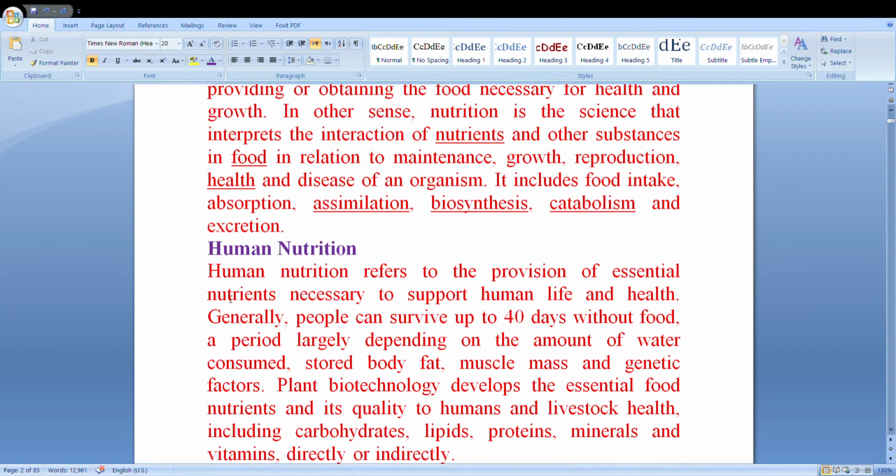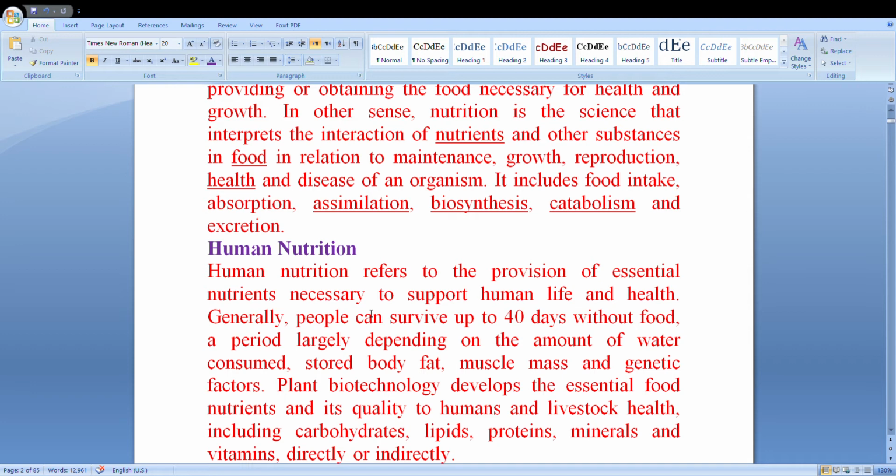Next we can see human nutrition. Human nutrition refers to the provision of essential nutrients necessary to support human life and health. Generally, people can survive up to 40 days without food. The period would last largely depending on the amount of water consumed, stored body fat, muscle mass, and genetic factors.